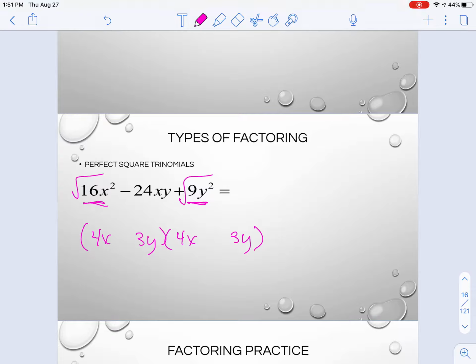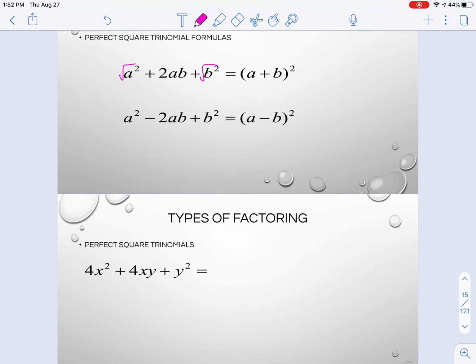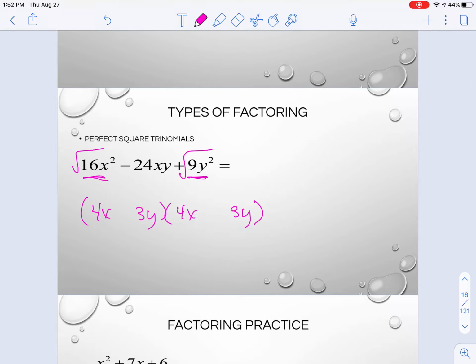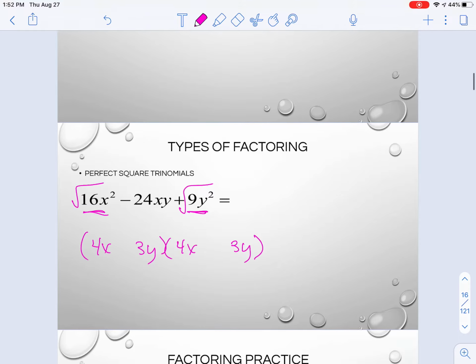And if we took 4x times 3y and then doubled it, because that's what our formula says up here, you do 2 times, okay? That's what we got. So both of these are subtraction. All right. So when you multiply this all back out, you would get a negative 24xy in the middle.